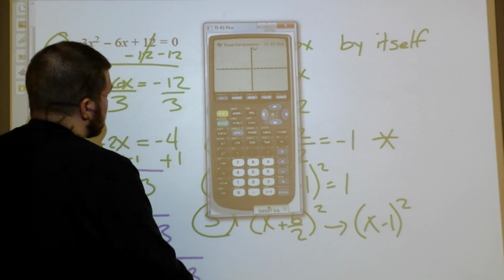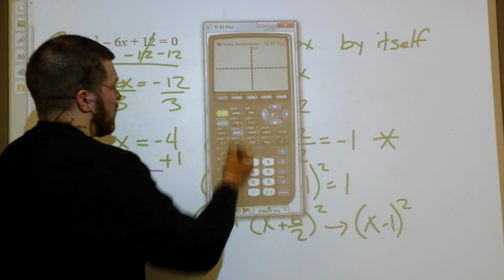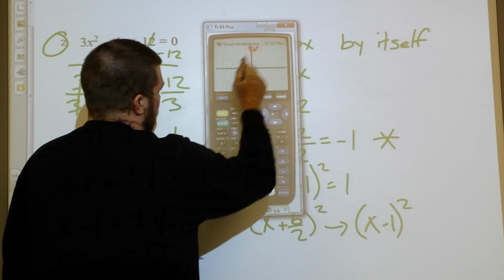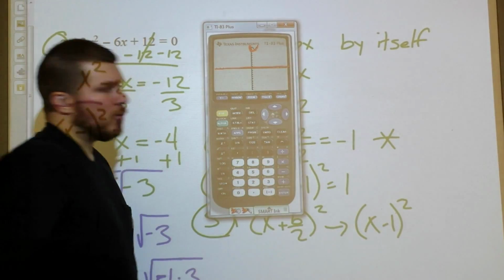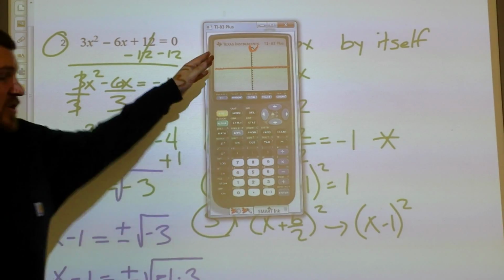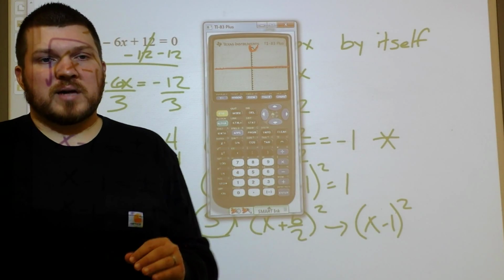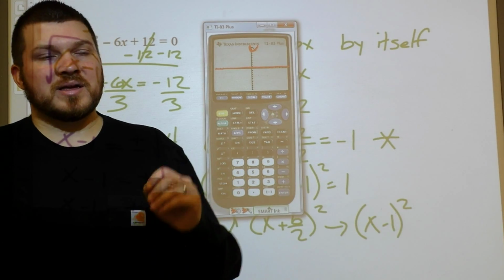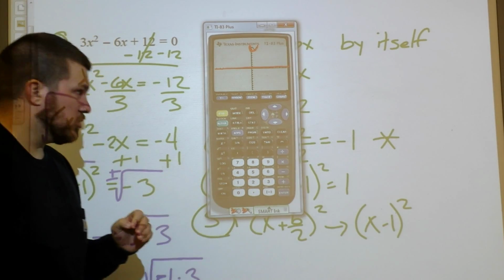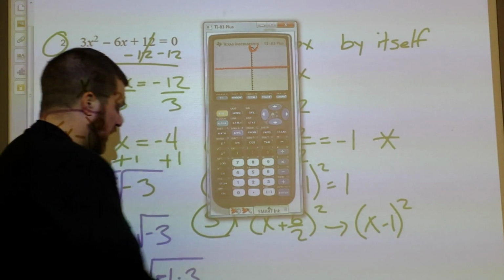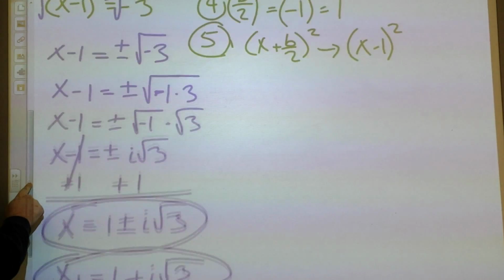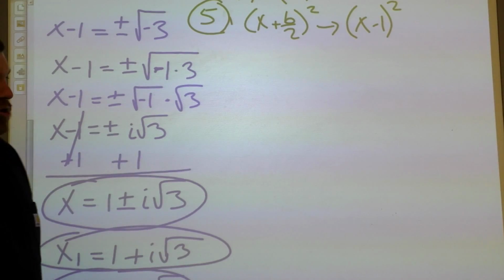Since y2 is 0, here's the little piece of my parabola, y1, here's y2. We're looking for a point of intersection. Obviously, there is no point of intersection on the graph, so graphically, there's no real solution. However, there is a complex solution, and that's what we had to find algebraically: x equals 1 plus or minus i square root of 3.